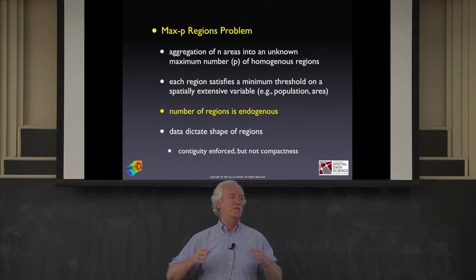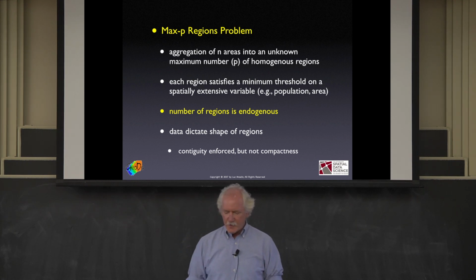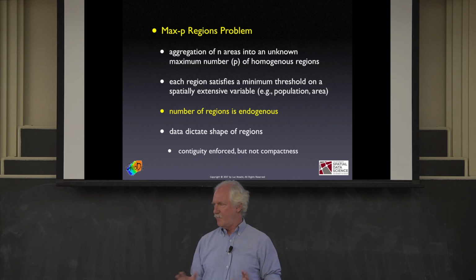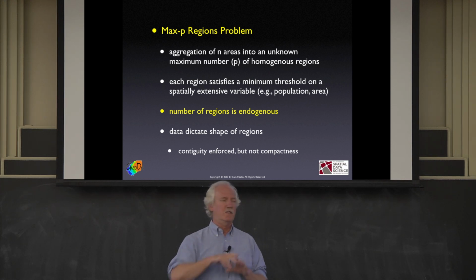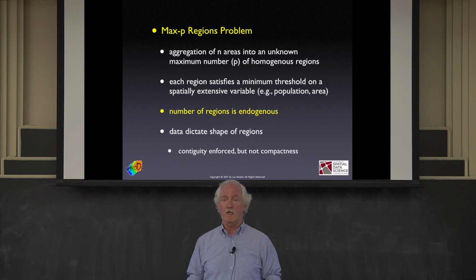So in some sense, it's the best of all worlds, but it really isn't, because the data dictate the shape of the regions, and contiguity is the key. It's not compact. So this is where we get these kind of stringy regions which meet the minimum population constraint, are contiguous, and are similar internally in terms of the attributes that we choose.